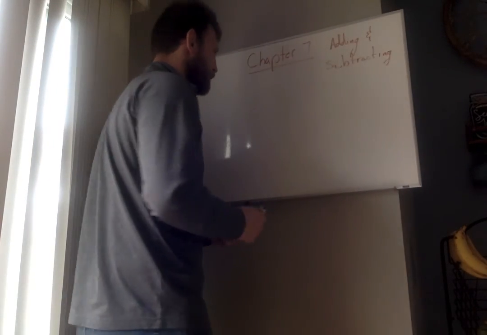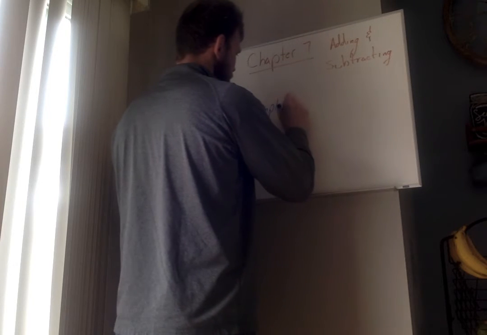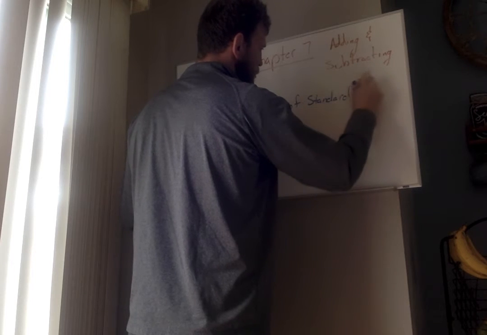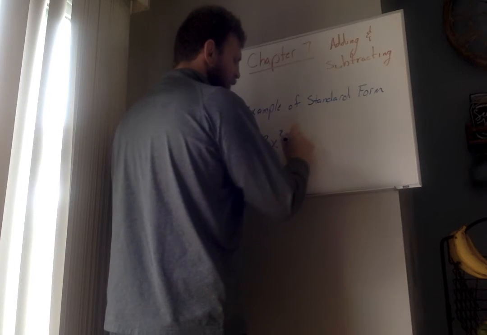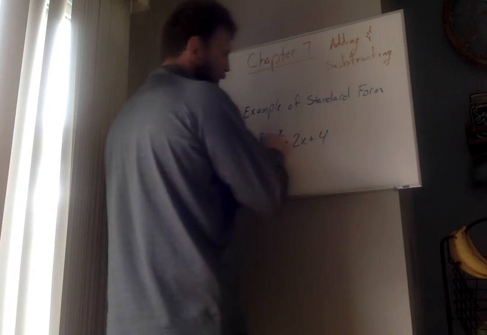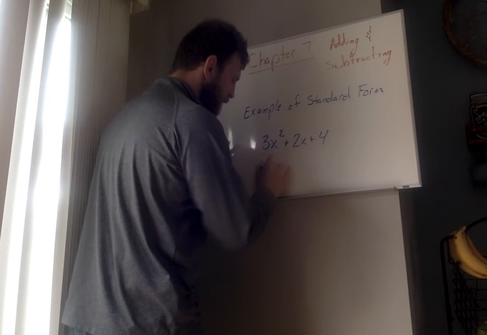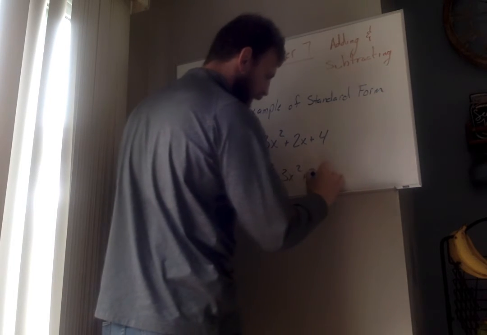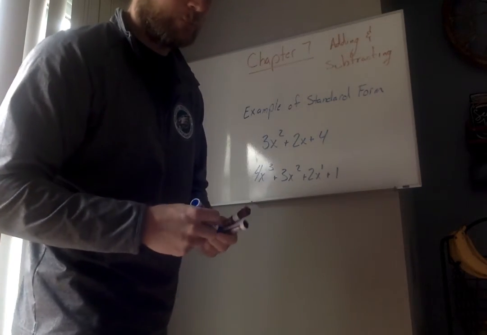Let me show you an example of that. 3x squared plus 2x plus 4. Notice it goes 2, 1, 0. Another one would be 4x to the third plus 3x squared plus 2x to the first plus 1. 3, 2, 1, 0. They go down in descending order.